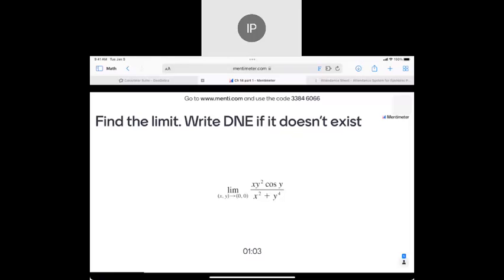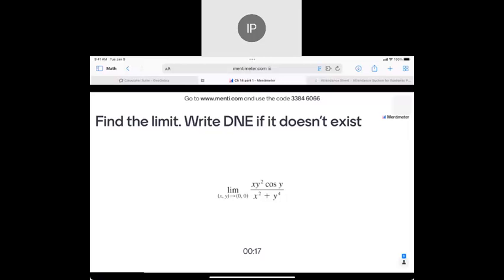Okay, I hope the time is okay for you. Remember, when finding the limit, aside from substitution, you can check the path.